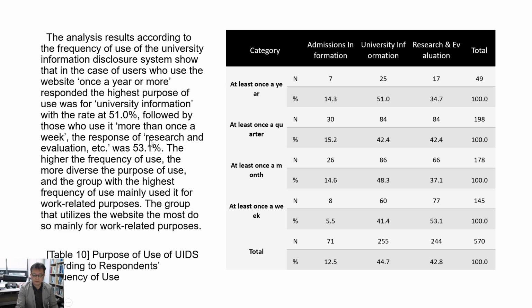The response of research and evaluation was 53.1%. The higher the frequency of use, the more diverse the purpose of use, and the group with the highest frequency of use mainly used it for work-related purposes.